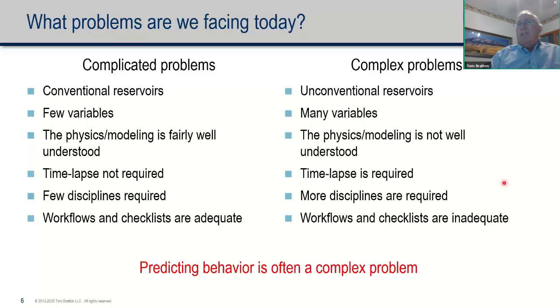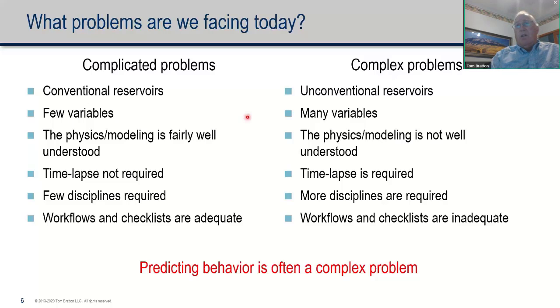So when I was reading this, I was thinking in terms of the oil business, and I thought, well, conventional reservoirs, there are few variables. We fairly well understand the physics and the modeling.